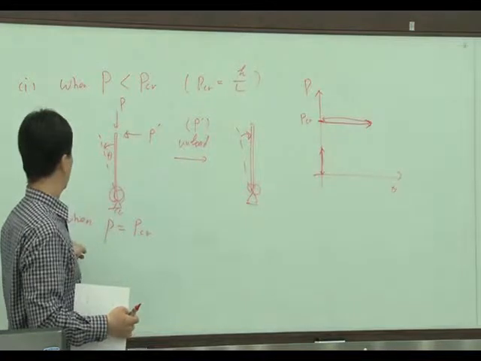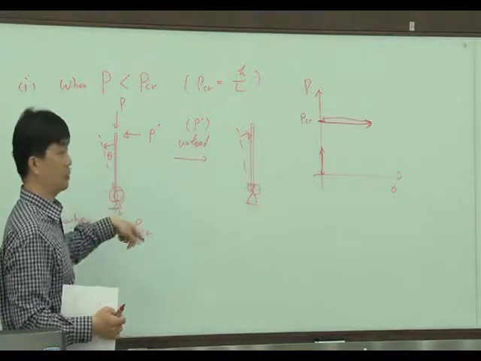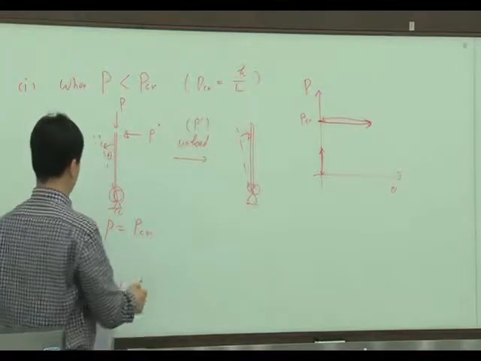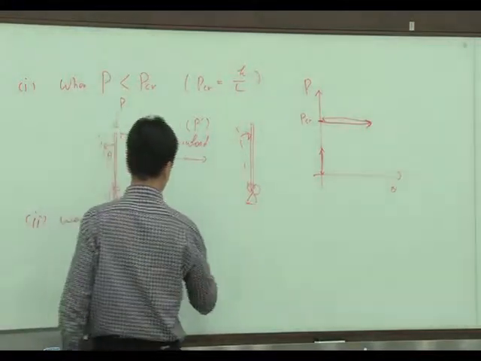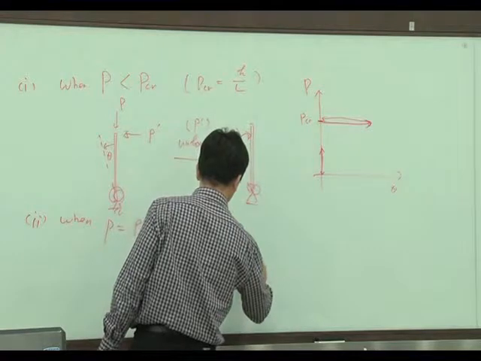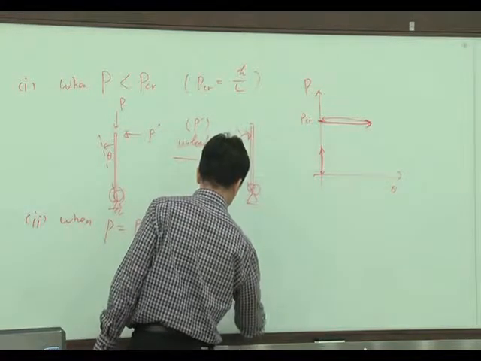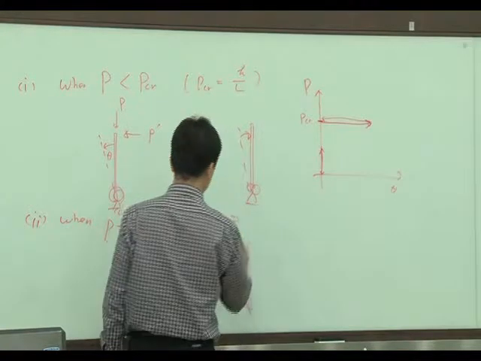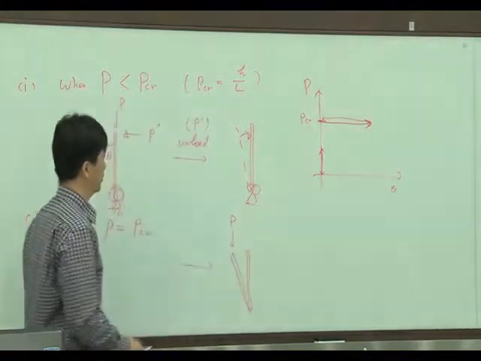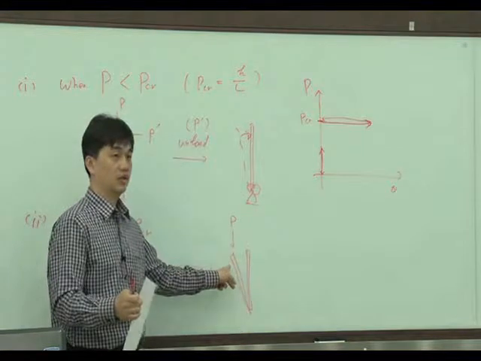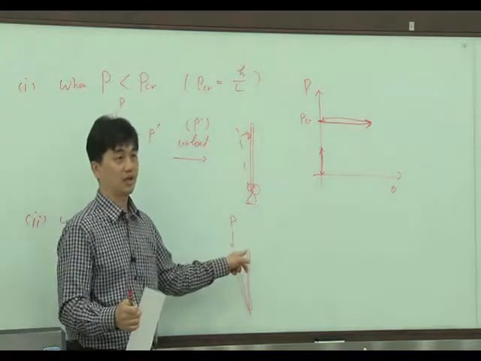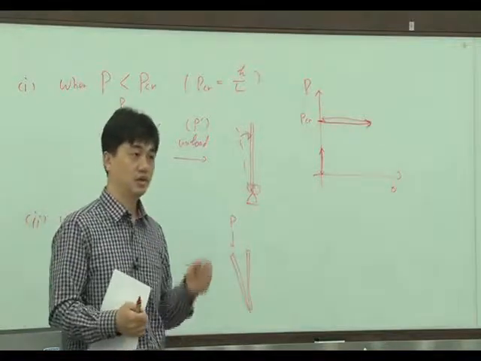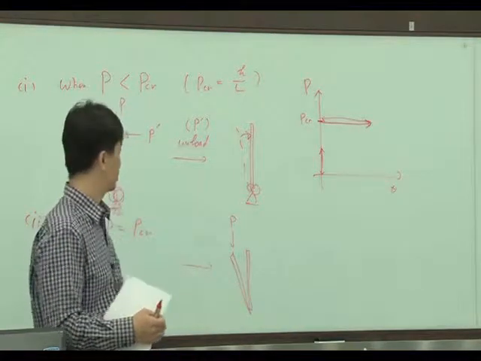Here, when P equals PCR and the perturbing load is unloaded, this bar will stop at this situation. It doesn't go back and stops at this situation, even if you unload that perturbing load.